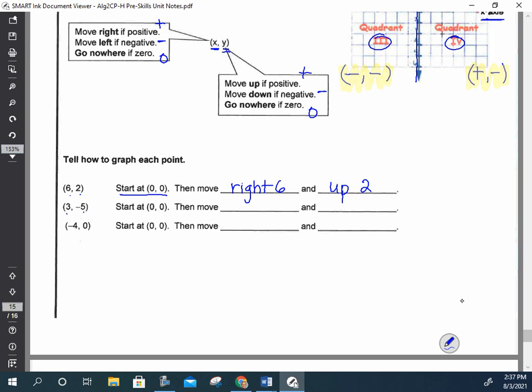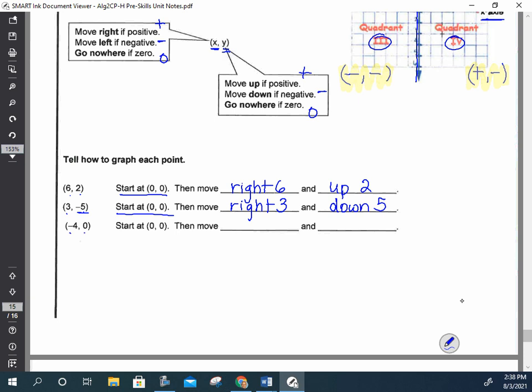For 3, -5, start at 0, 0. You would go to the right 3 before going down 5. This time you would go down because the second number is negative.